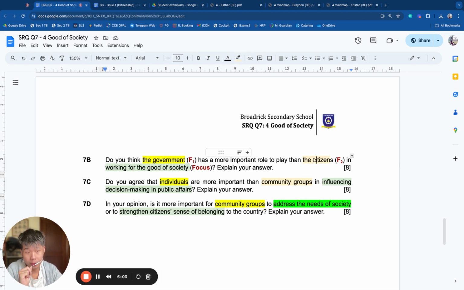The second PEW would be citizens have an important role to play in working for the good of society. Citizens have done this and done that. Citizens are very important because they volunteer their time, effort, and money to contribute to important social causes. As a result, citizens form the backbone, the manpower to provide the warm bodies that can go out and catch all the people in need in every nook and cranny, people that might be missed by government data collection.